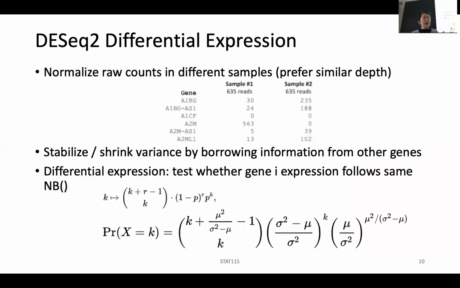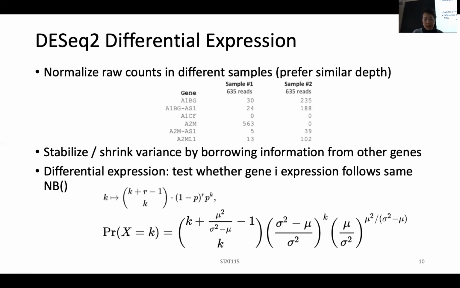Okay, so with that information, for example, if you have DESeq for differential expression, you have sample 1 and sample 2, after we shrink the variance, we can then estimate this probability using the negative binomial distribution, asking whether, if you know the mean and the variance, the observed value is significantly different from the mean.